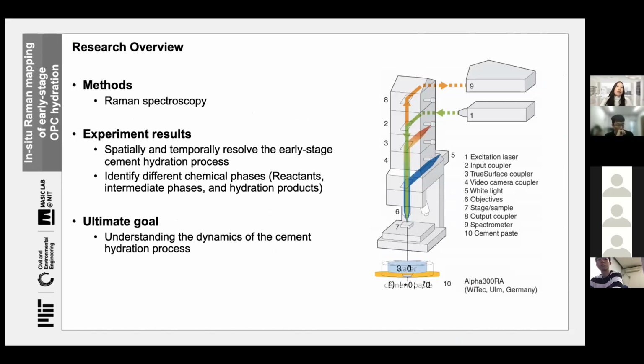I use the Raman spectroscopy method to obtain the result with spatially and temporally resolved early cement hydration process and identifying cement hydration products. And the goal of this study is understanding the dynamics of the early stage cement hydration process and understanding the structure of C-S-H.